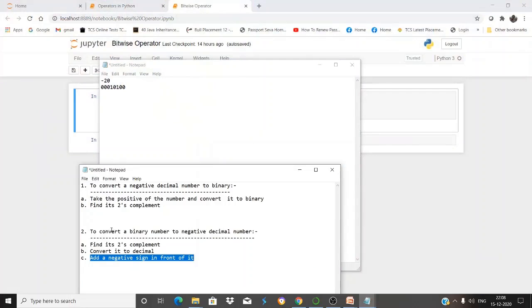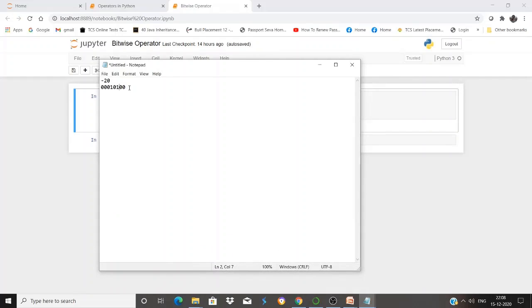The next step is to find the 2's complement of this binary. So let's do that. The 2's complement is the 1's complement plus 1, right? So what is the 1's complement of this binary? The 1's complement is 1 1 1 0 1 0 1 1. We have got the 1's complement just by flipping the bits of the above binary.